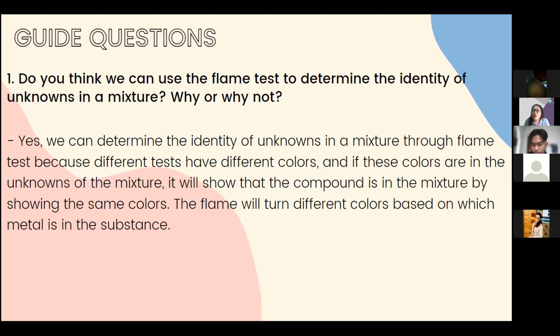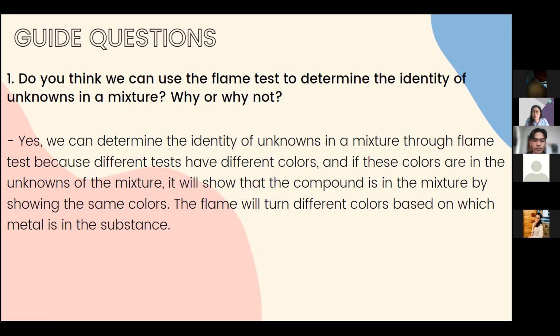Kasi pag mag-luminous tayo or yung orange flame, hindi natin makikita yung colors na yan. So that will be not enough energy for the electrons to jump to a higher state, or the color of the luminous flame will hinder the color produced by the metals.